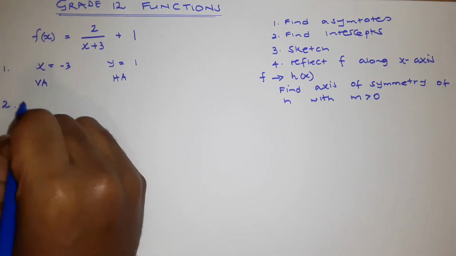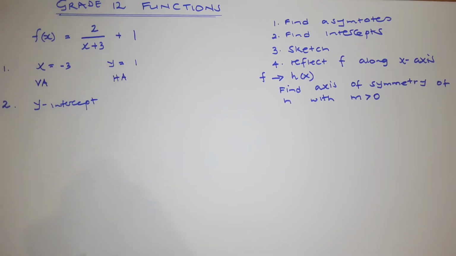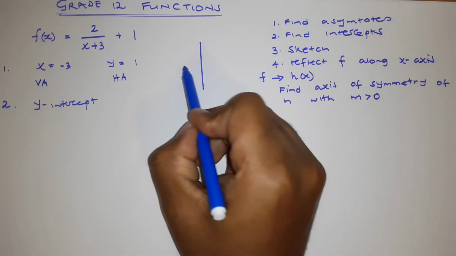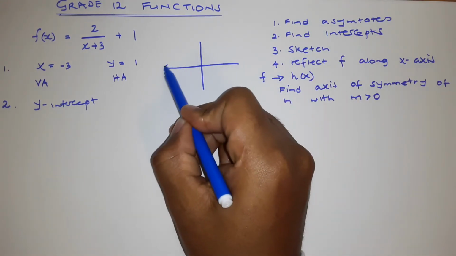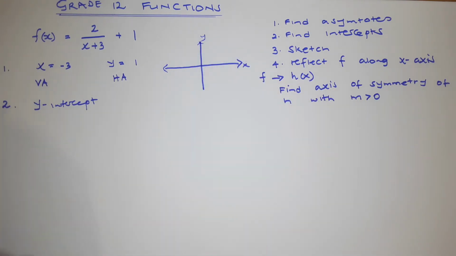Firstly, to find the y-intercept: the y-intercept is where the graph will cut the y-axis. Let me just draw here. This is the x-axis, this is the y-axis.